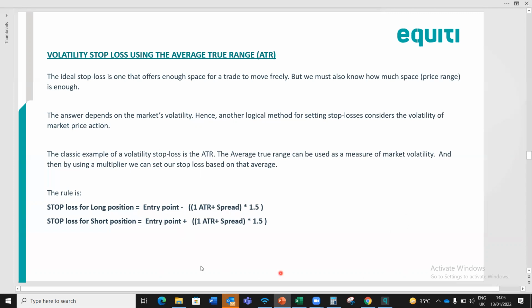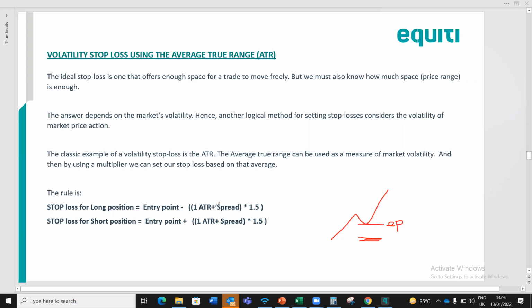Now for short positions, let me show you, don't forget this. For buy positions, let's say we want to buy here, so this is our entry price, EP. We want to determine the stop loss. Stop loss is usually below the entry price for a buy setup.